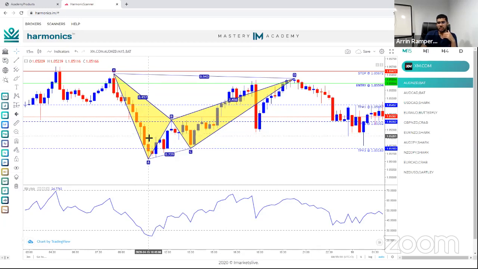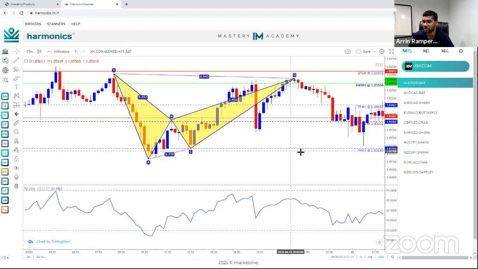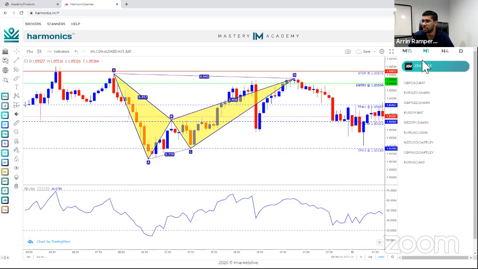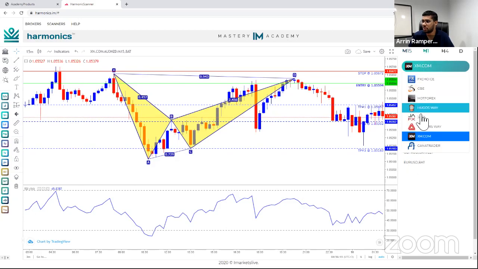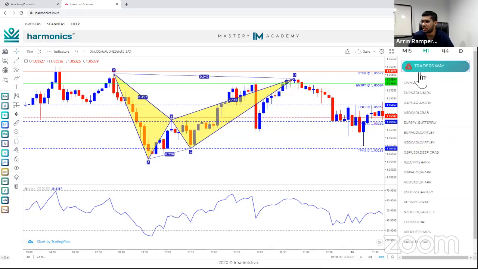So just follow it in that context. All right, so we got a bunch of trades. Anybody see anything new popping up on this scanner for us to look at?